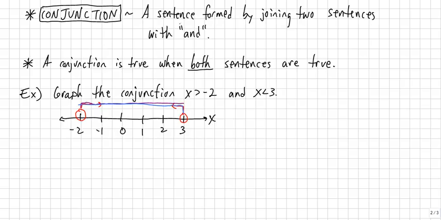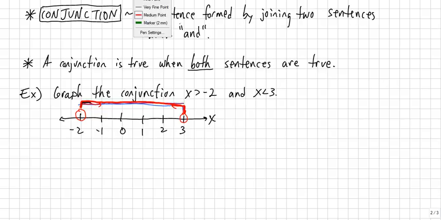I'll do it in red. They overlap each other right there. So on the number line, it would be all the numbers between -2 and 3, but not including -2 and 3 because we didn't have equal in there.